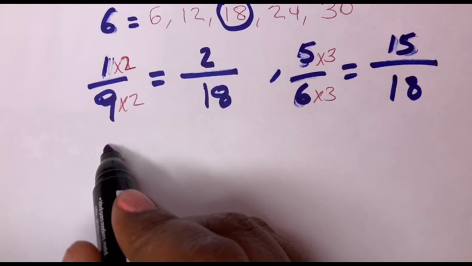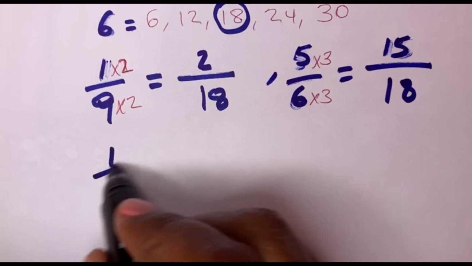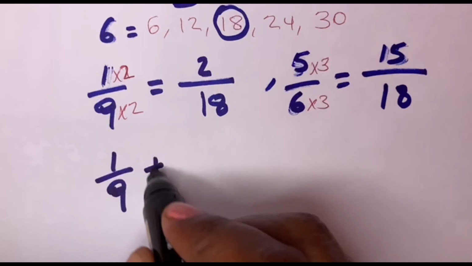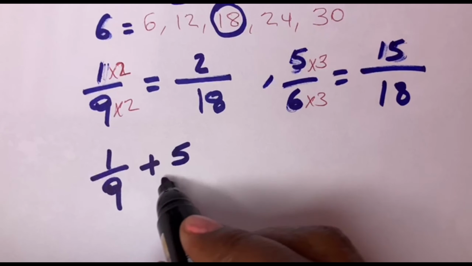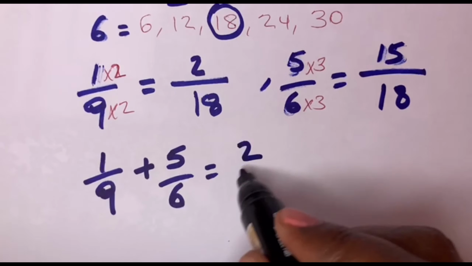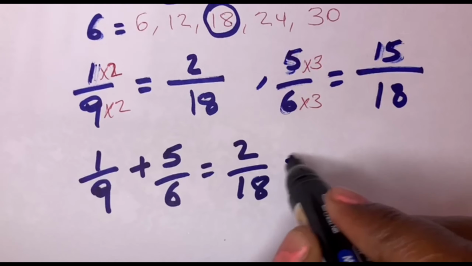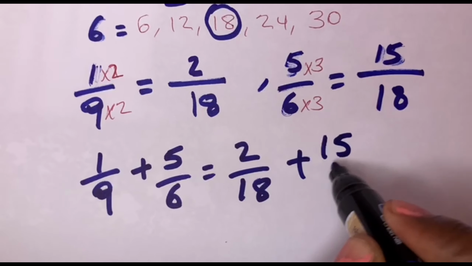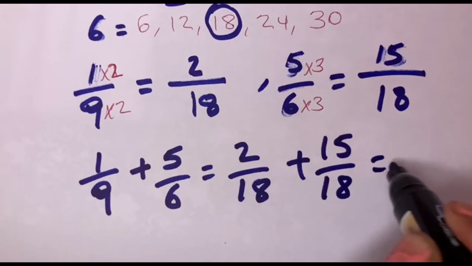Therefore, 1 over 9 plus 5 over 6 is the same as adding 2 over 18 plus 15 over 18, with the same denominator.